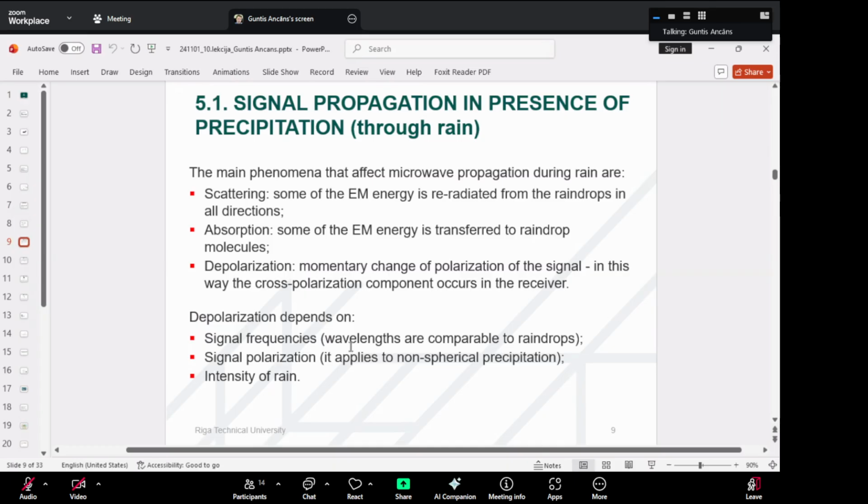The depolarization depends on signal frequency. This effect is most probable when wavelengths of the signal are comparable to raindrops.